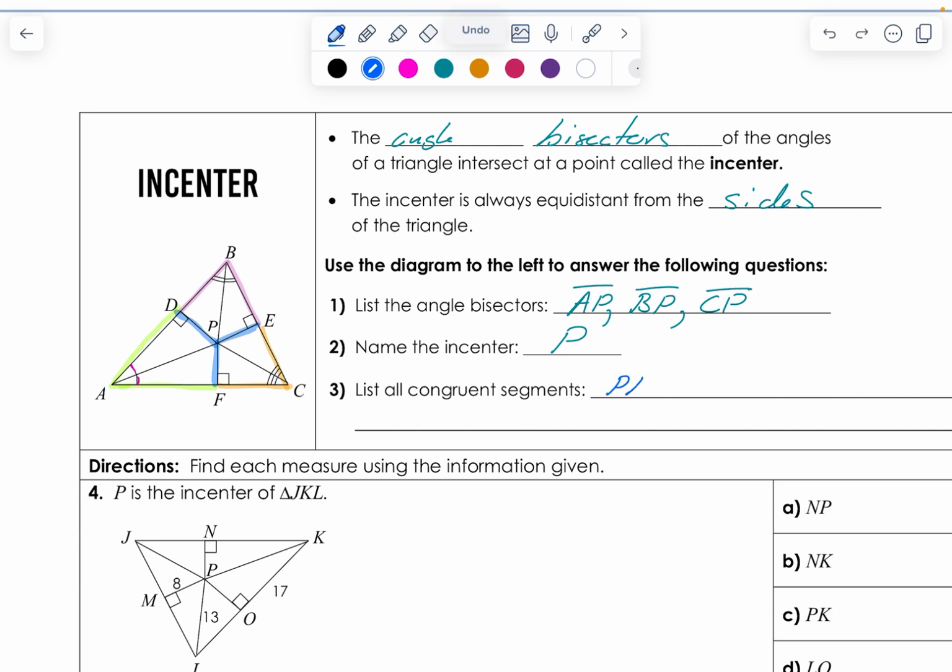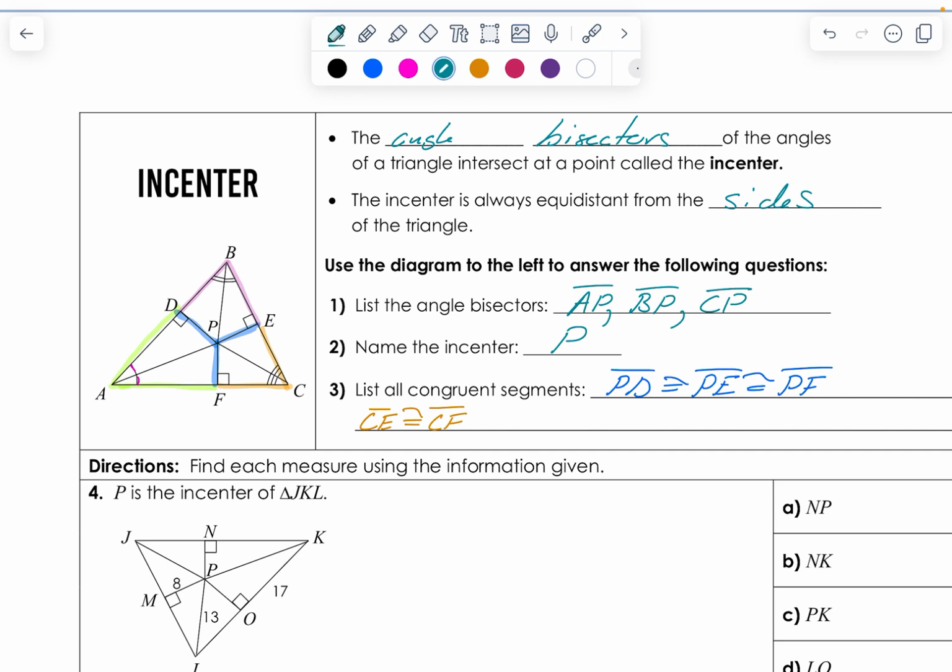Now the congruent segments, the main focus is on those distances from the center. So PD congruent to PE, congruent to PF. But then in addition, those other ones I highlighted are things like CE congruent to CF.